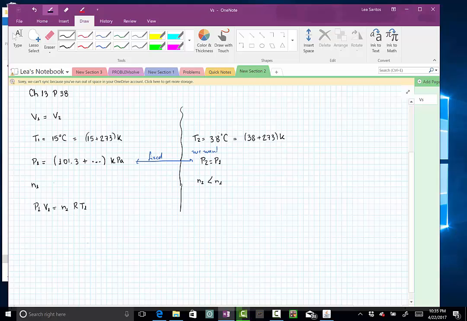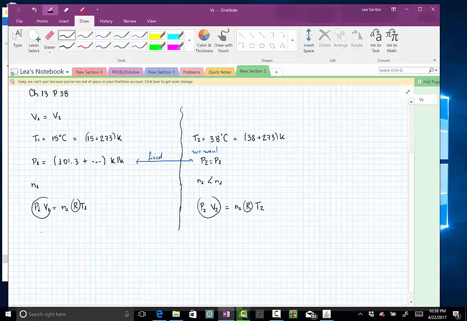That's what we're assuming here, that we have an ideal gas. And later on, at a higher temperature, we have P2, but I know that's equal to P1. And then we have V2. V2 also doesn't change, but what does really change? N2. R is just a constant, and T2 really changes.